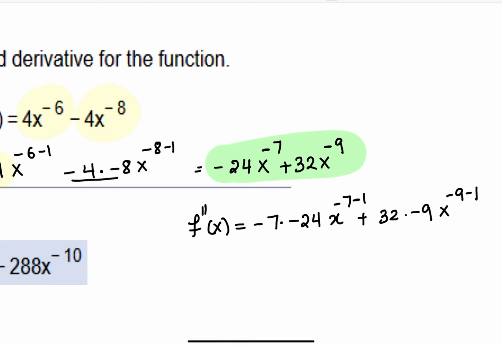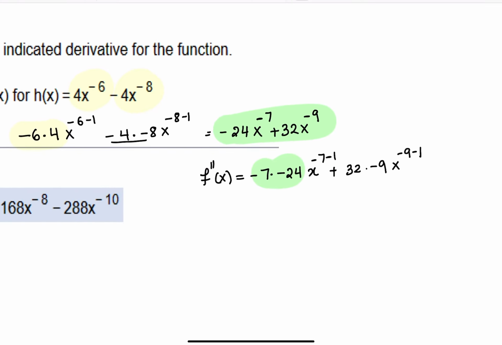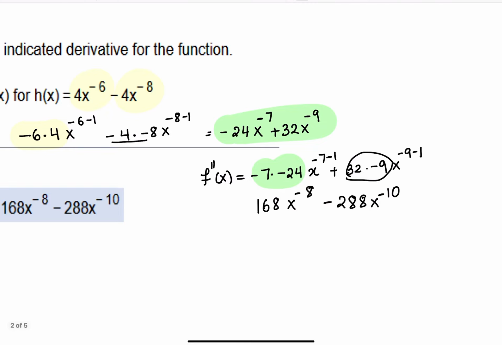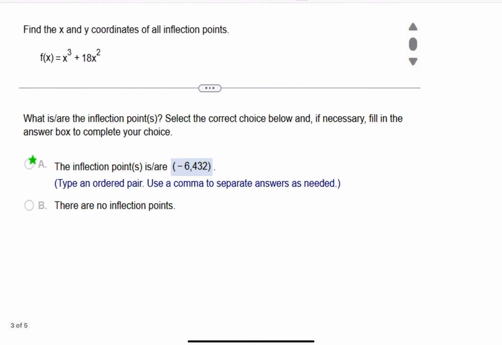And now if I combine these two, what do I end up with? 168 x to the power negative 8. Combine these two, I end up with 288 x to the power negative 10. So you're just finding the derivative twice so you can get the second derivative. All right, let's take a look at the next one here.